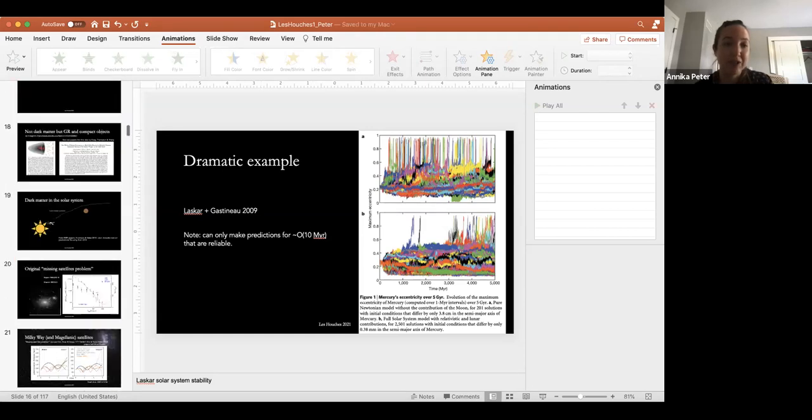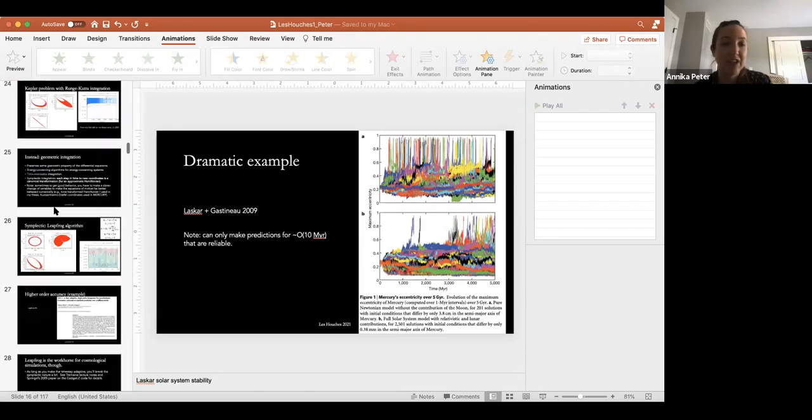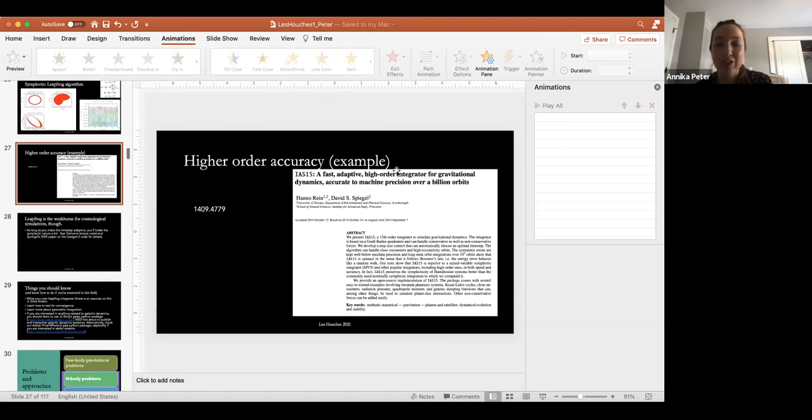For example, there's this 15th order integrator that I talked about yesterday, which is a highly accurate integrator. If your integrator is not so accurate, you will get a different final solution for your orbit than if you had a more accurate integrator.